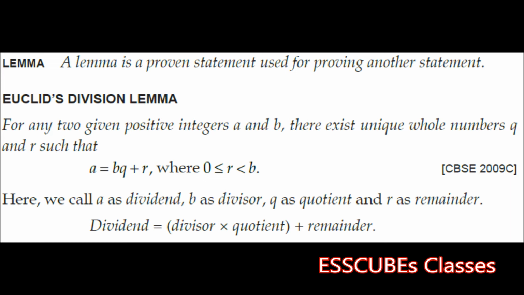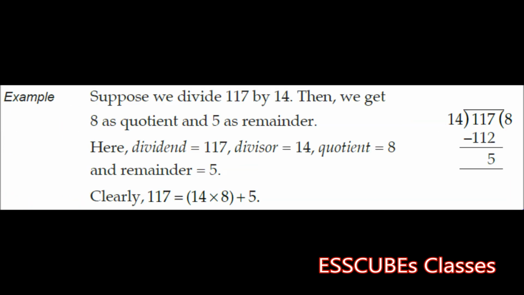So if you just think, how can a dividend be represented? We can represent a dividend by multiplying the divisor with the quotient and adding the remainder to this. Let's take an example to understand this a little better. Suppose we divide 117 by 14. So what are we going to do? When I multiply 14 with 8, I get 112.